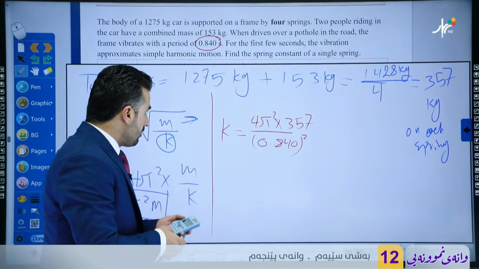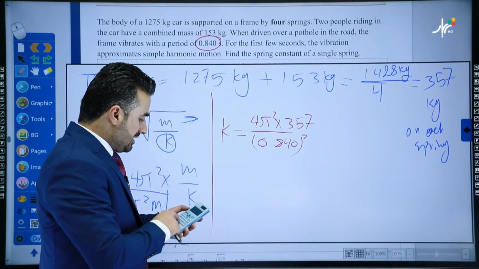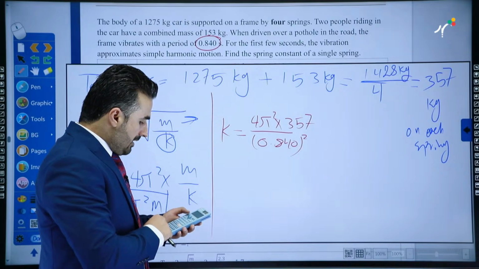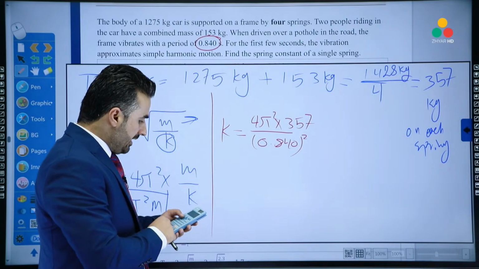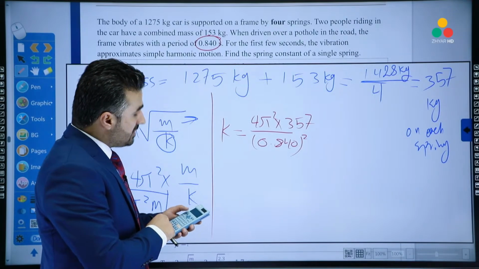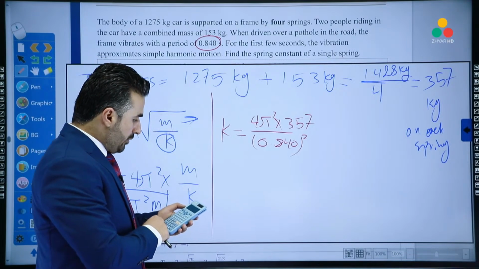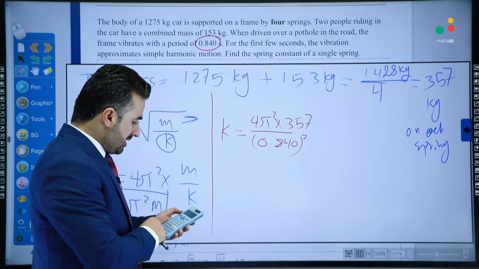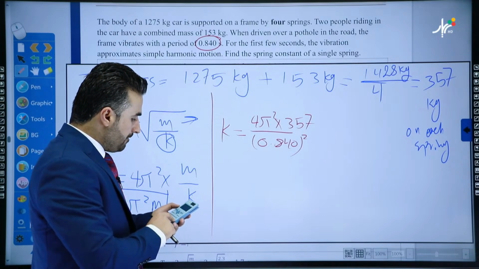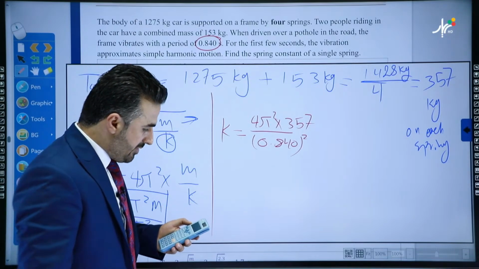Use your calculator, you'll find the answer. So 4 pi squared multiplied by the mass, which is 357, divided by 0.840 squared.